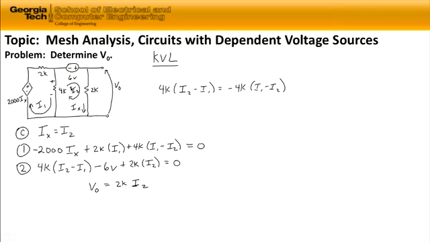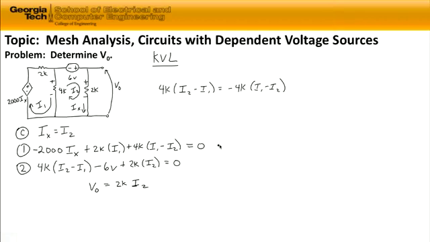If you use the passive sign convention, I2 is flowing clockwise around this loop, then we would assign a voltage drop across the 2K resistor as so, and that is the same voltage as we are measuring, which is V out. So V out is equal to 2K I2. And so what we really need from these set of 3 equations and 3 unknowns is I2.